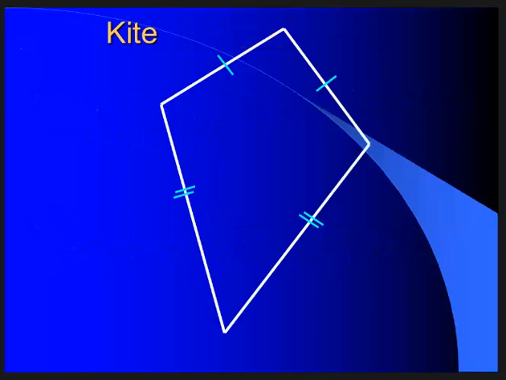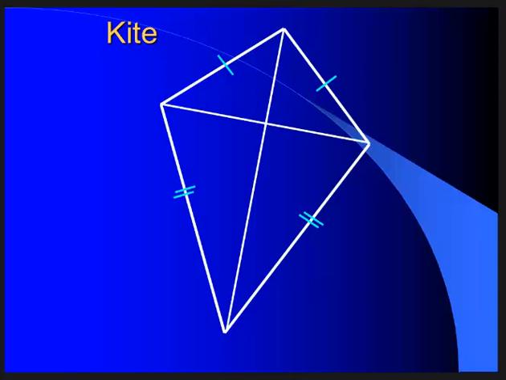So what does this look like? Okay, here's my kite. I have consecutive sides that are congruent, 2 pair. They are not all congruent to each other. Notice these are longer. We have diagonals that are what to each other? Perpendicular. Here comes my little red one.